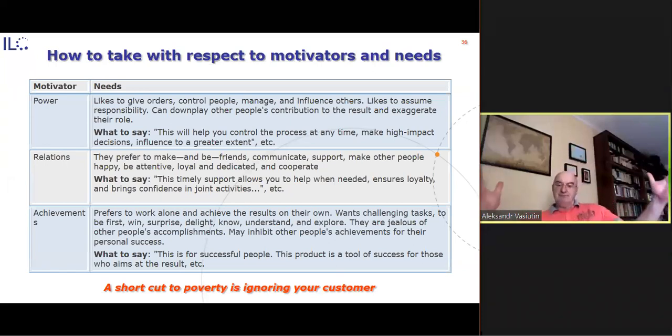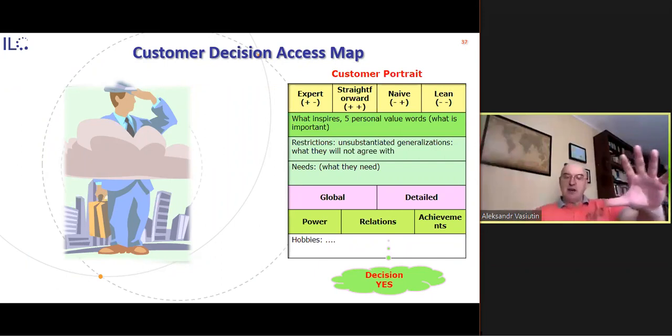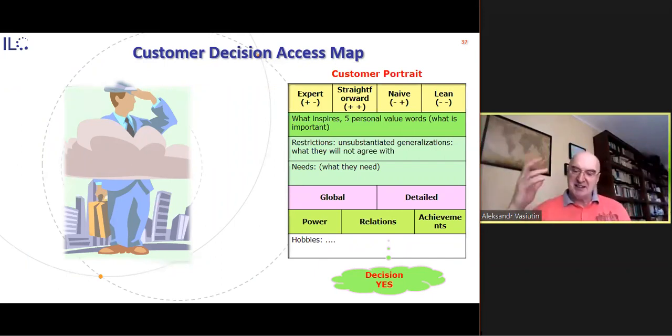And this way, we get this map of access to the customer, where the treasures are: an expert, straightforward, trustful, and reserved. Well, you see whether he's an expert, straightforward, or trustful.